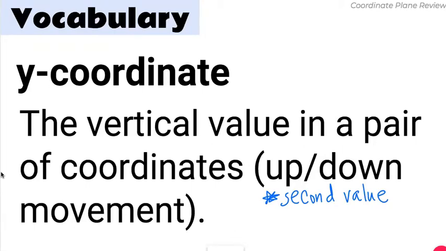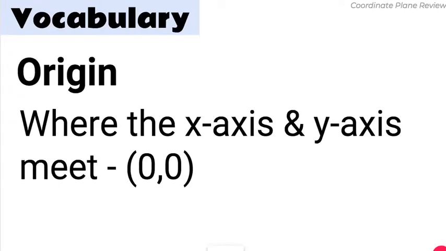One very important coordinate that you do need to know about is called the origin. The origin is where the x-axis and the y-axis meet. So the x-axis and the y-axis meet at 0, 0. It's basically the center of the coordinate plane.